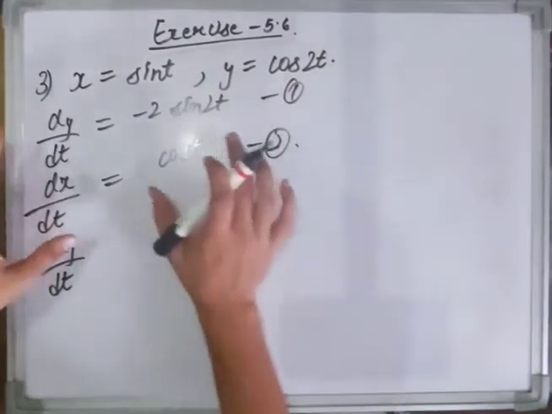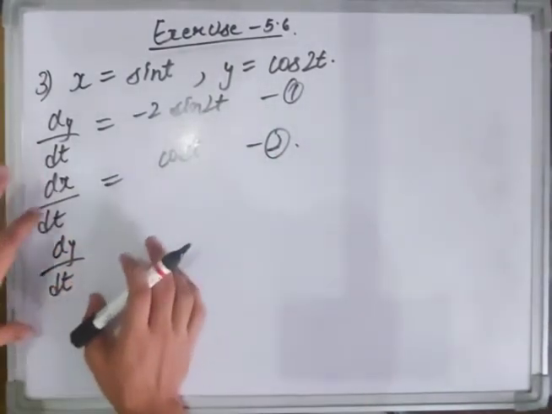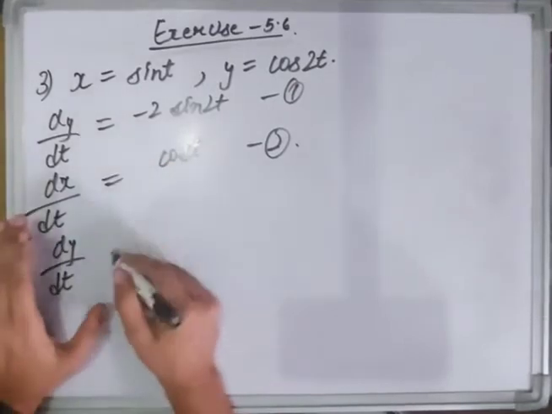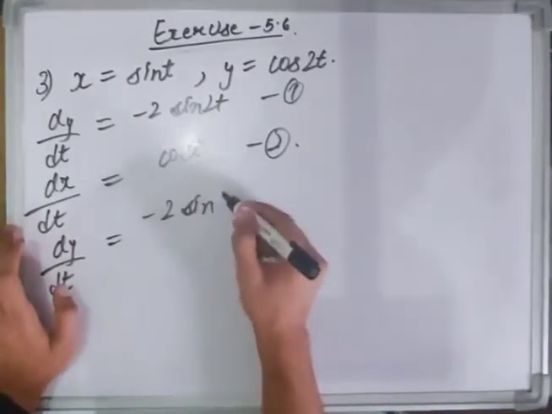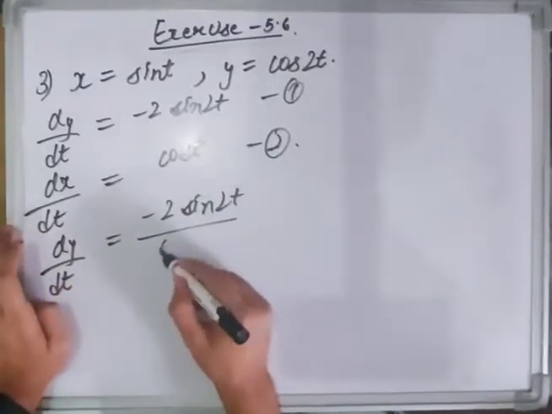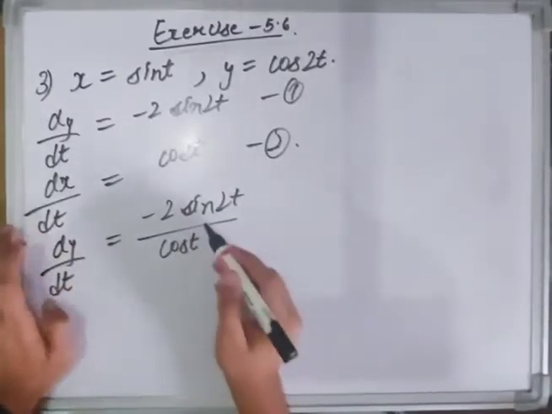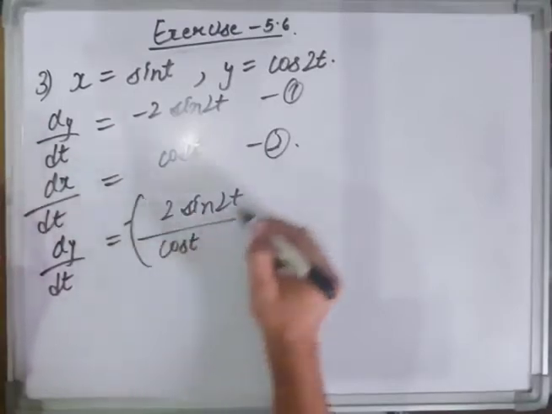I have divided the first equation by the second equation. I am not writing it here because it's understood. Here we have minus 2 sin 2t upon cos t. Take this minus out.